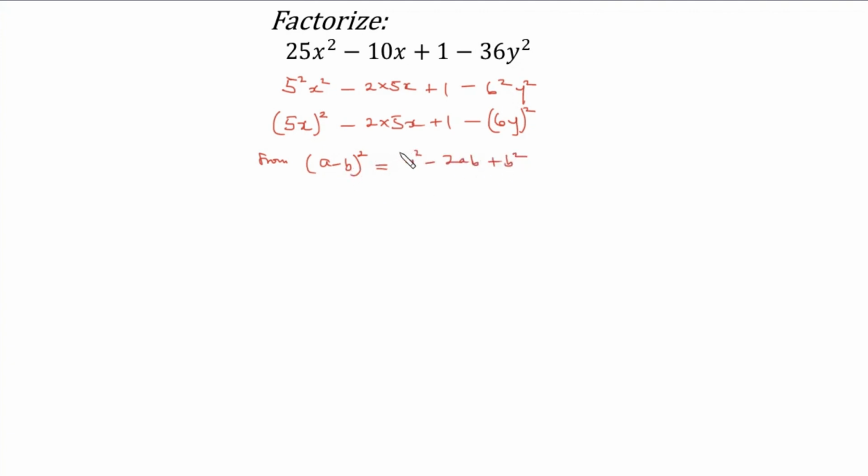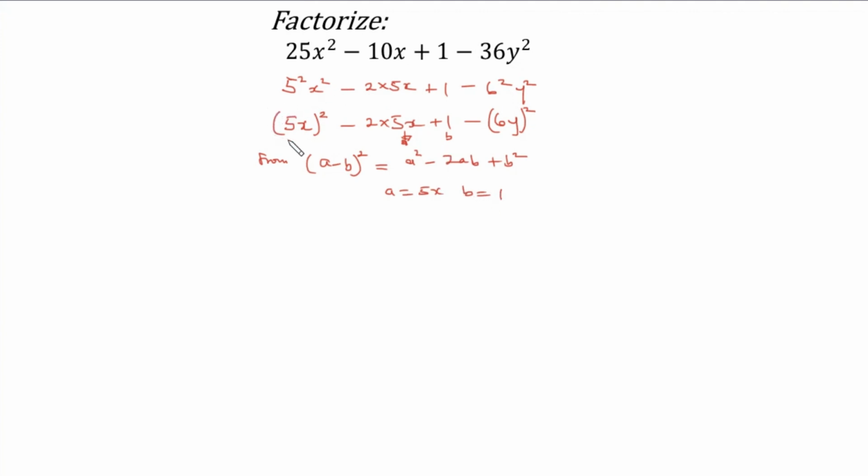Here our a is 5x. Remember, this is our 2ab. Our a is 5x, and our b is 1. So in a minus b squared, our formula, our a here is 5x and our b is equal to 1.